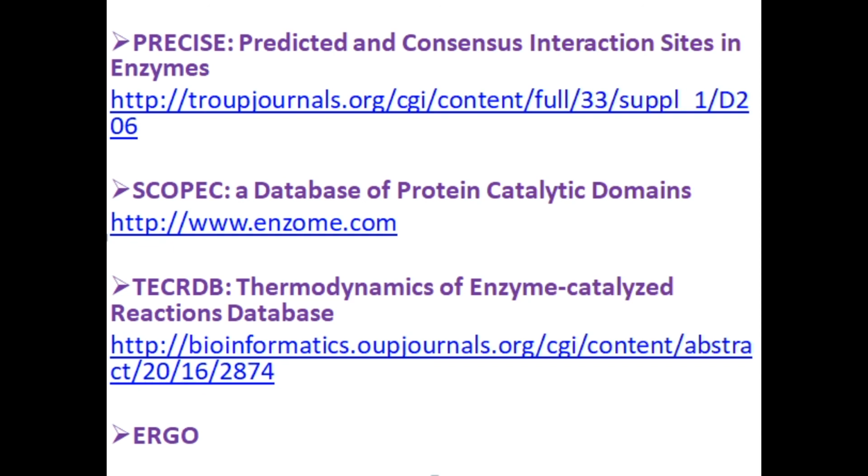Next, SCOPEC, Structural Classification of Proteins Enzyme Commission. It's a protein catalytic domain database.